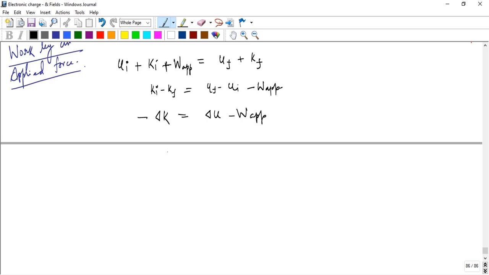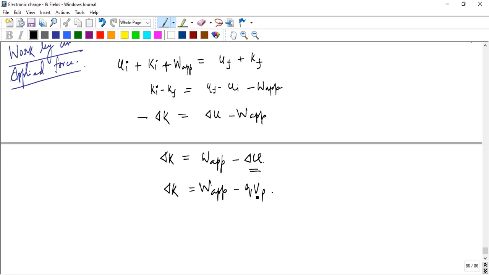So I get delta K is equal to W applied minus delta U. I know delta U is QVP, so delta K is equal to W applied minus QVP, the potential at point P.